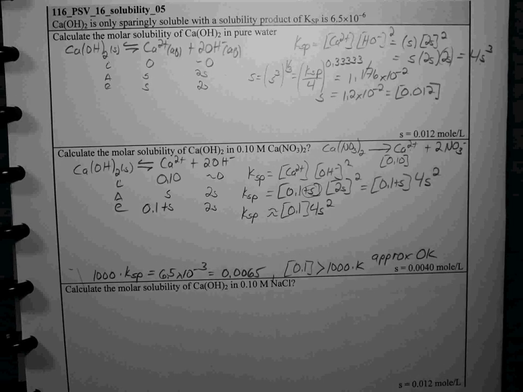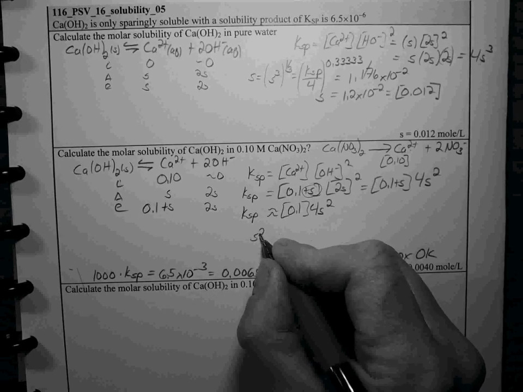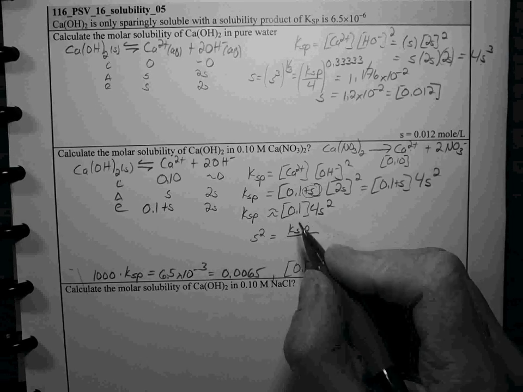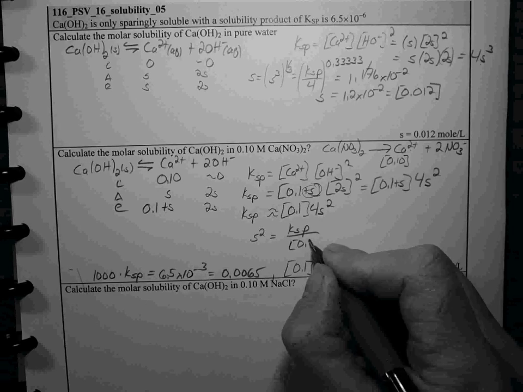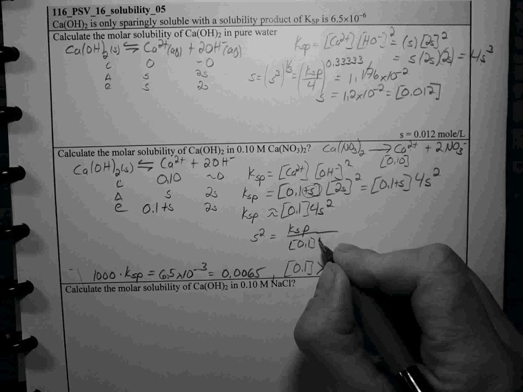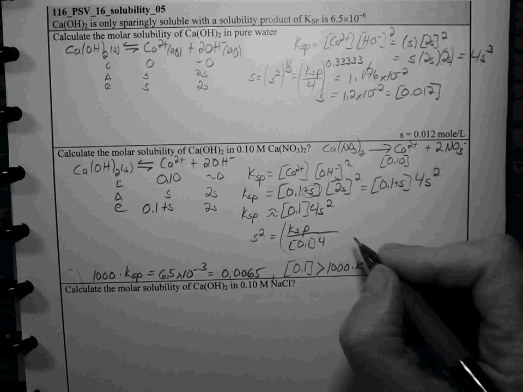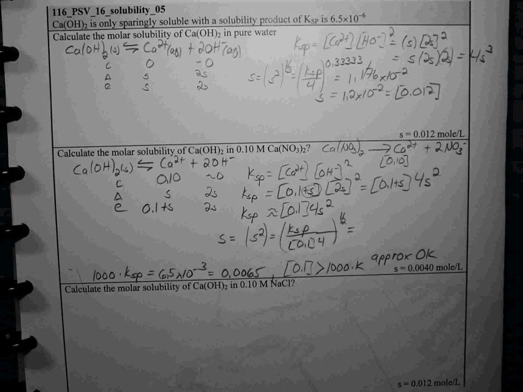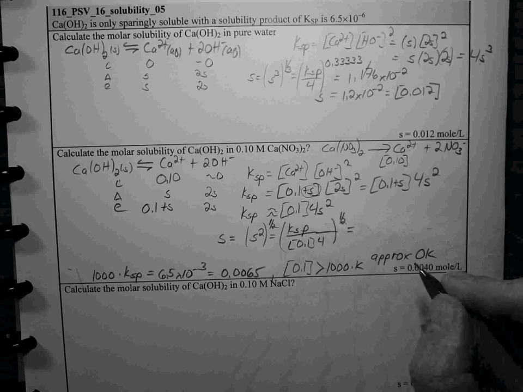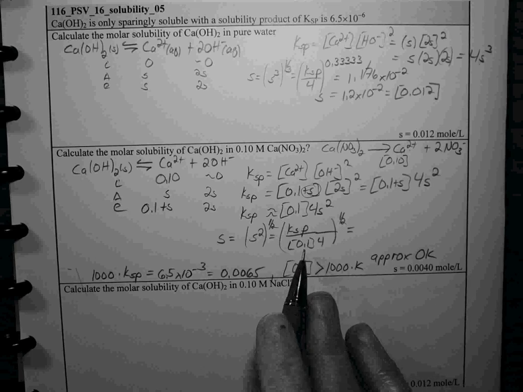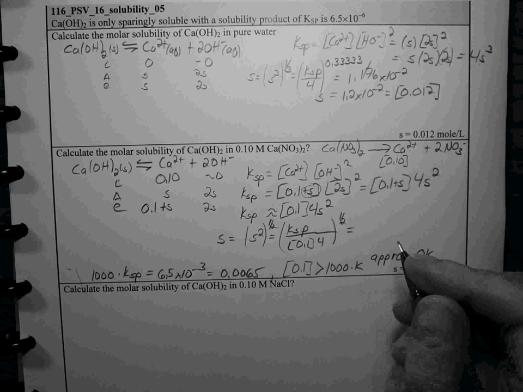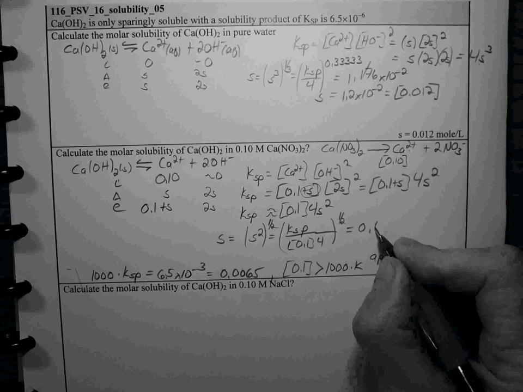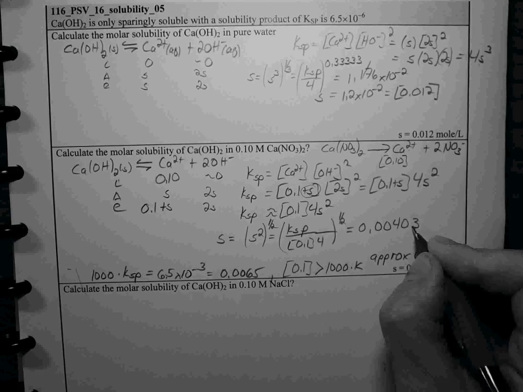Alright, so you can solve for S now. S squared is going to be KSP divided by 0.1 and 4. If we take the square root of that, we get S. So if we put in our value of KSP and churn this out, our value for S is 0.00403.